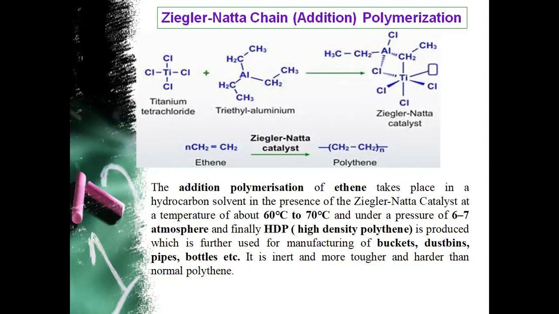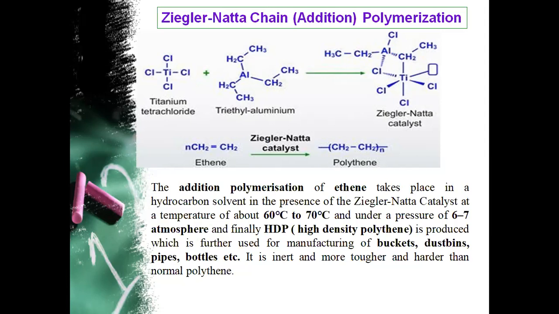The polymerization can be easily understood by taking the example of polyethylene from the monomer ethene. The addition polymerization of ethene takes place in a hydrocarbon solvent in the presence of the Ziegler-Natta catalyst at a temperature of about 60 to 70 degrees Celsius under a pressure of 6 to 7 atmospheres.